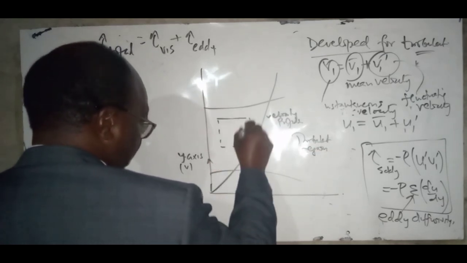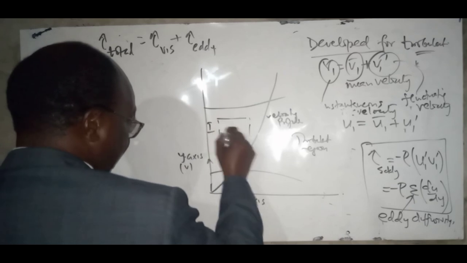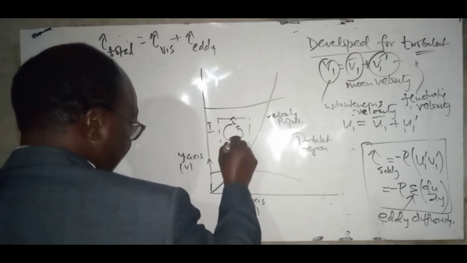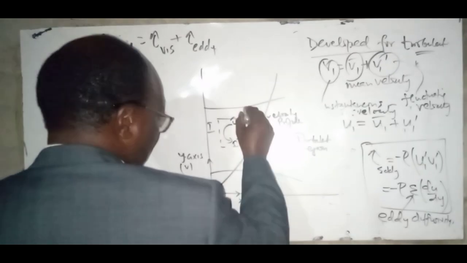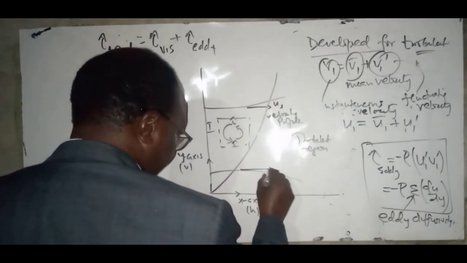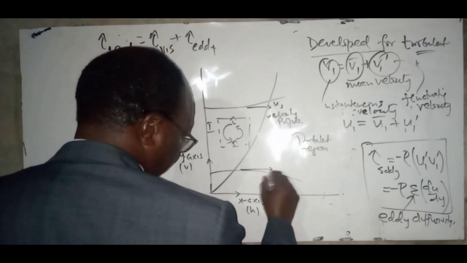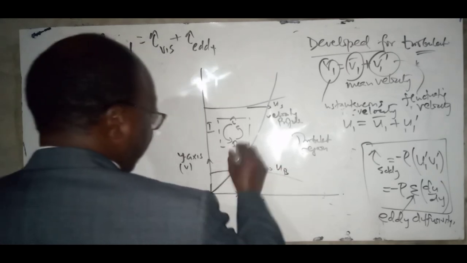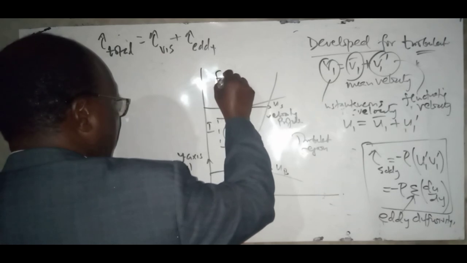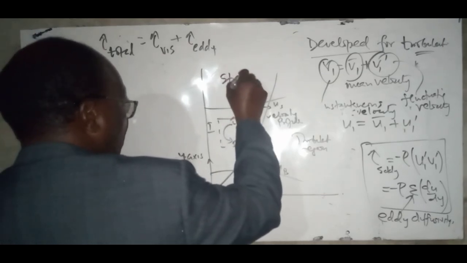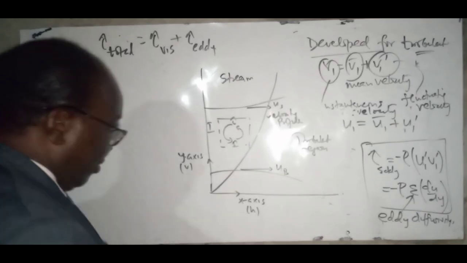We have our region, Roman numeral 1, where we have the shear stress, and of course, we have our velocities, boundary, stream. Call it free stream or just call it stream.